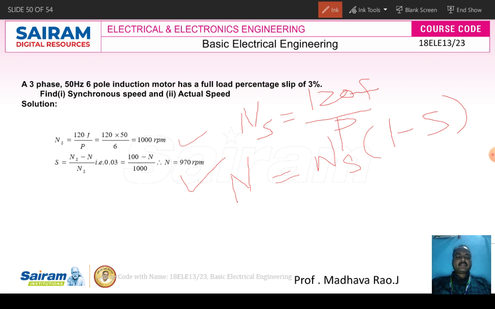In this problem, if you observe, Ns is equal to 1000, N is equal to 970. The actual speed is always less than the synchronous speed.